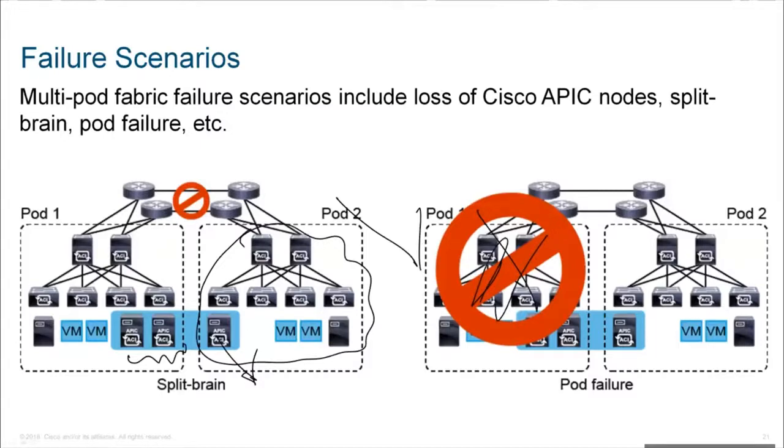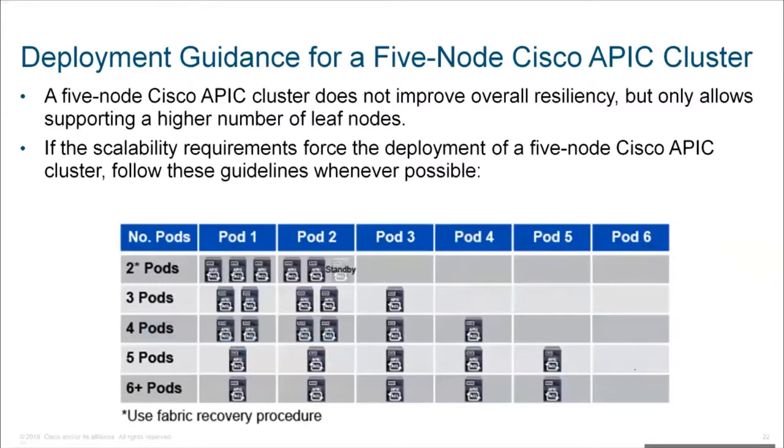Both the APICs are gone. Introduce the standby controller as we saw earlier. This is the design guideline for your 5-node cluster. They've only shown you 5-node in this particular example. Cisco has published a 7-node APIC cluster, 9-node APIC cluster, 11-node APIC cluster.